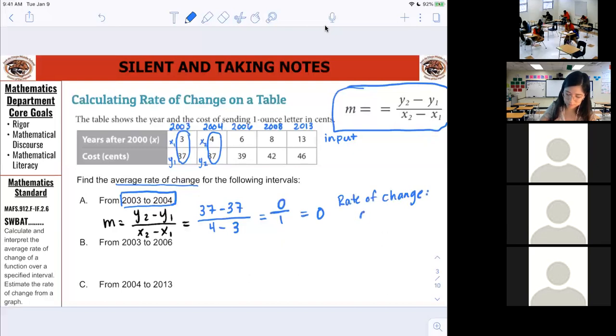And it's not just 0, it's 0 what? 0 chickens, 0 waterfalls? Cents. 0 cents per year. It doesn't change. So in other words, from 2003 to 2004, the price did not change.